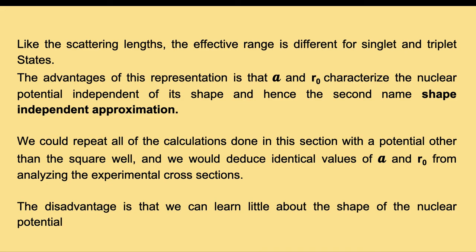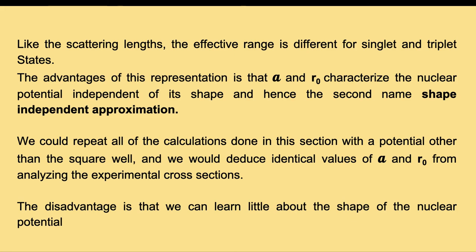Like the scattering lengths, the effective range is different for singlet and triplet states. The advantage of this representation is that A and R0 characterize the nuclear potential independent of its shape, and hence the second name, shape independent approximation. Actually, you are only considering the wave function and not the potential that we are taking.